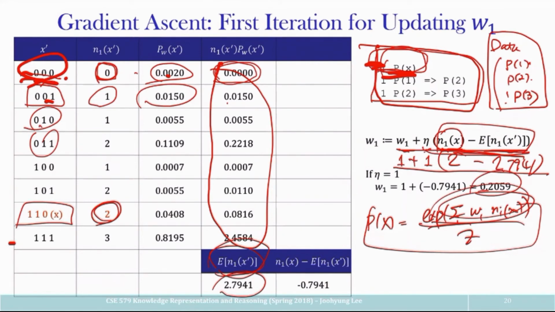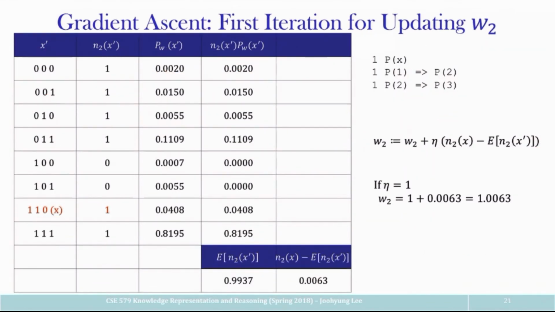Let's look at the next one. That is about the second weight. We are going to do this in parallel, so we are not updating W1 yet. But W2, assuming that this is the current weight, will be updated by a similar equation.